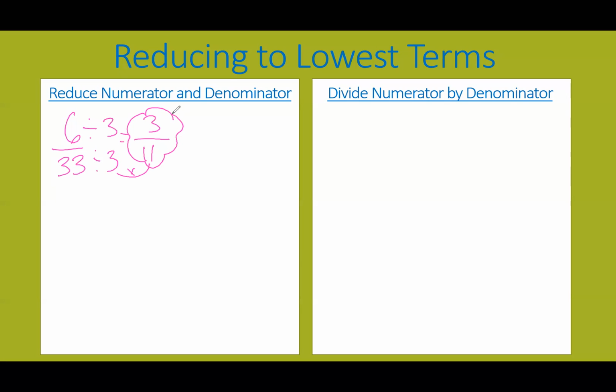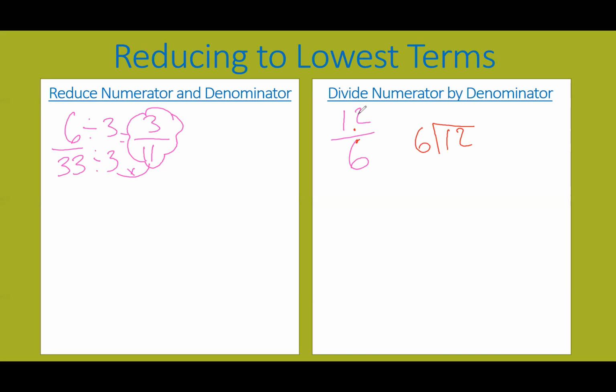On this side, I'm going to divide a numerator by a denominator. So 12/6. Very simply, this says 12 divided by 6. That's what that bar is. That's a division bar. This does not say 6 divided by 12.